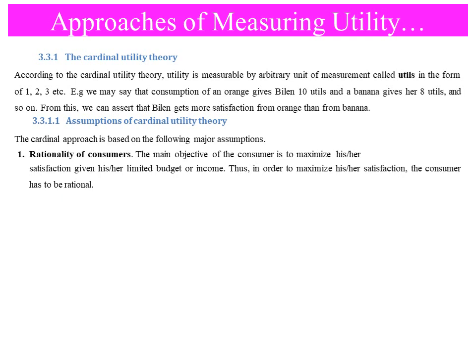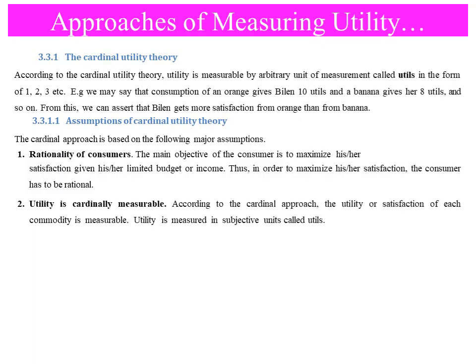So in order to maximize satisfaction, the consumer has to be rational. Second, utility is cardinally measurable. According to the cardinal approach, the utility or satisfaction of each commodity is measurable. Utility is measured in subjective units called utilities.